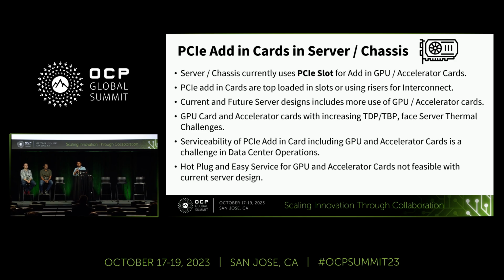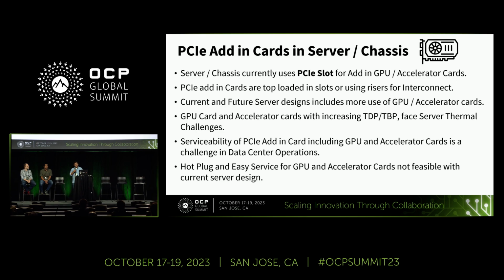When we ship all these GPU cards at scale, we have to take into consideration what the DC operations will be. So serviceability of these PCIe add-in cards, whether GPU or accelerator cards, is a big challenge for our DC ops, and we want to give them a solution moving forward.